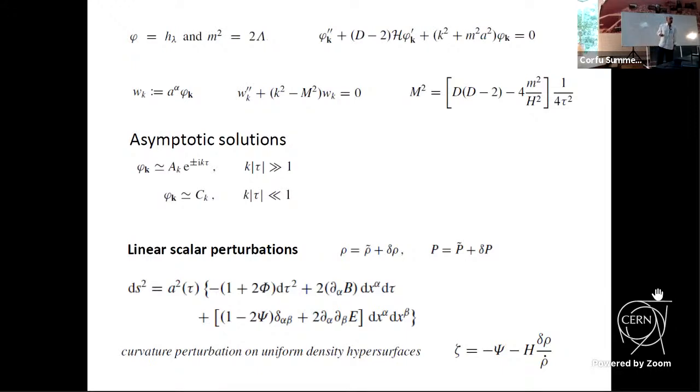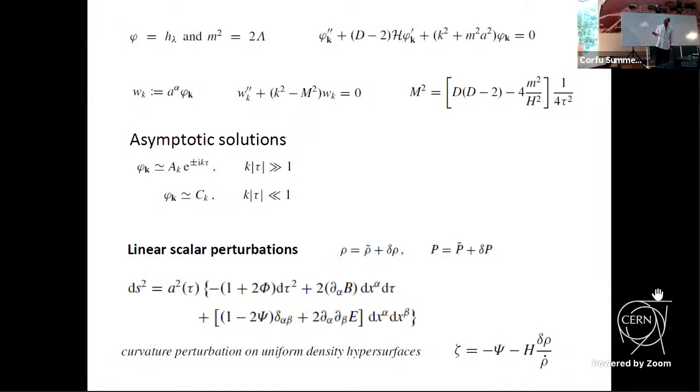Scalar perturbations follow the same logic. You expand the metric now with scalar quantities, actually 4. Two of them, B and E, can be gauge fixed to 0, and you end up with only two scalars, one in front of tau, which is what we would call the gravitational potential, and another attached to the spatial part of the metric.